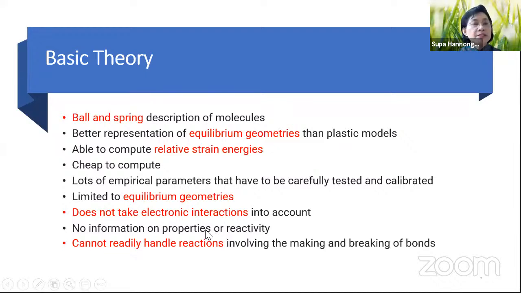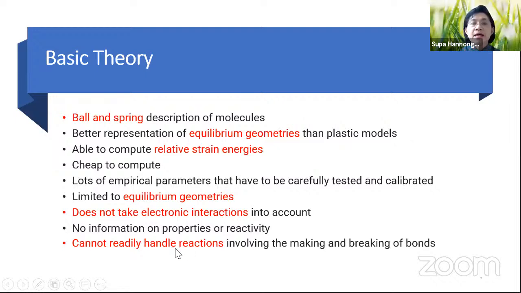So the limitation of molecular mechanics is that, as I said, it depends on the equilibrium geometries only, and it does not take electronic interactions into account. So we cannot use molecular mechanics to follow bond breaking or bond forming or mechanism of action, okay? And there is also no information on properties or reactivity.